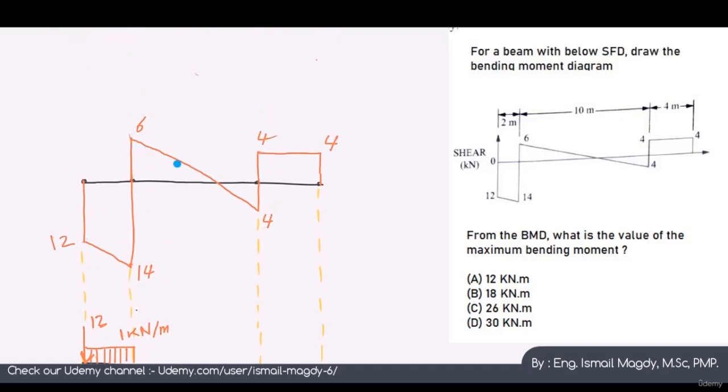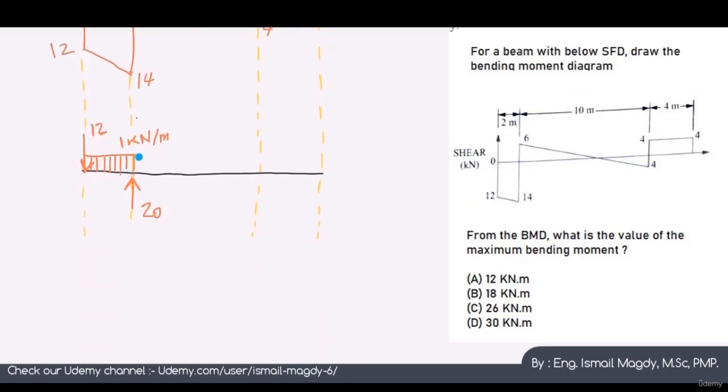It will keep gradually going down till it reaches 4 in the negative sign. So from 6 in the positive sign till 4 in the negative sign, it means it decreased by 10 kilonewton in the distance of 10 meters. So again the rate of change is 1 kilonewton per meter.